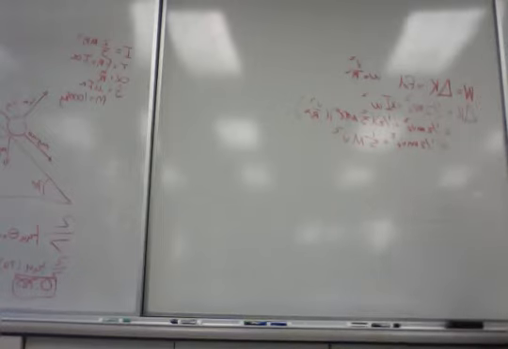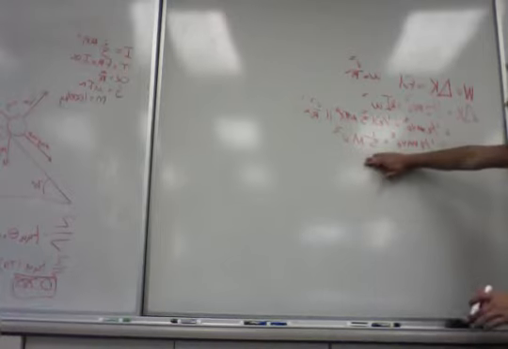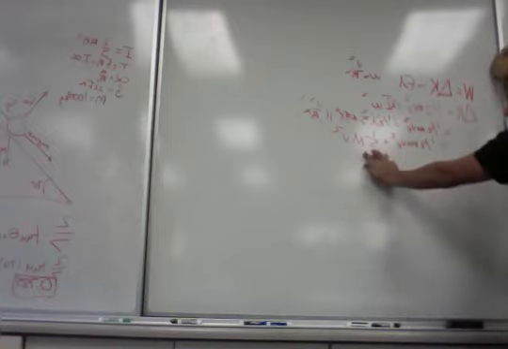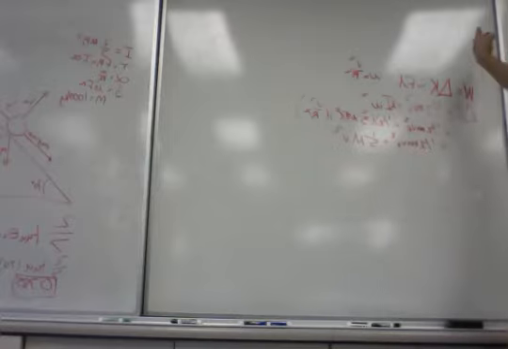Now we further simplify by adding the two like things together, so that this would be 7/10 m v squared.